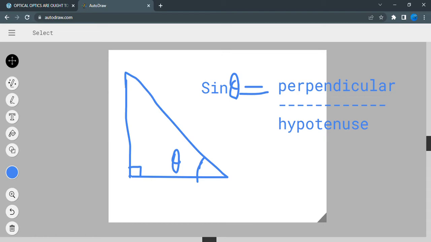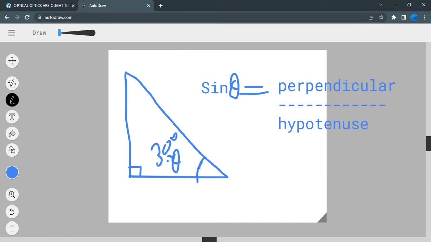Now there are some specific values for each of the three trigonometric functions. These are sine, cos and tan. We express those values as, for example, let's take this angle theta to be 30 degrees. So there is a prefixed value of sine 30 degrees.